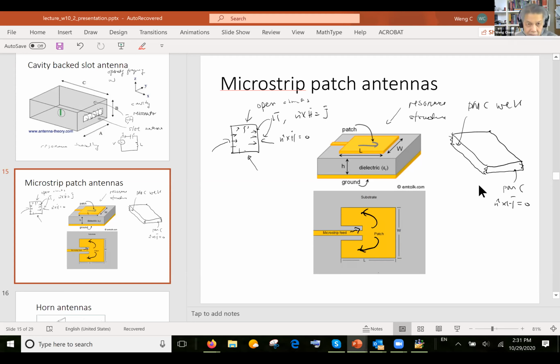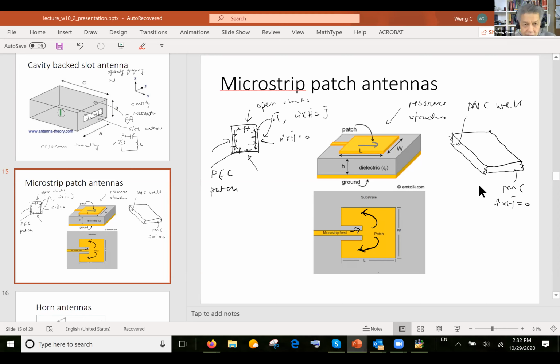So if you look at the boundary condition on the PEC patch, so let's assume that this is a PEC patch, n cross H is equal to J. So if H looks something like this, J will have to look something like this. And similarly, all the J's are tangential.